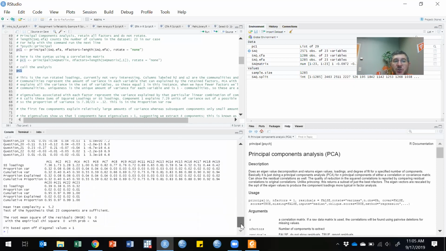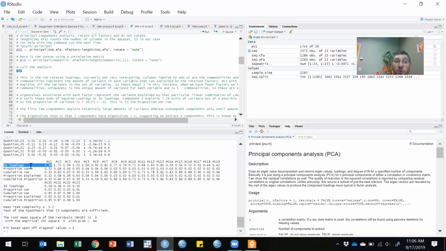Then we scroll on down. We can get what are here labeled as sums of square loadings. Those are the eigenvalues associated with each factor, each component, and this basically represents the variance explained by that linear combination of variables.